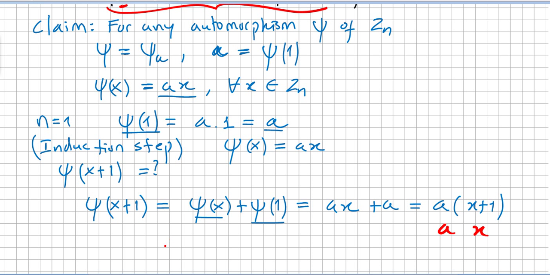So in the previous claim we proved that this was an automorphism. We just proved that any automorphism psi will be equal to this automorphism, of course under this condition.